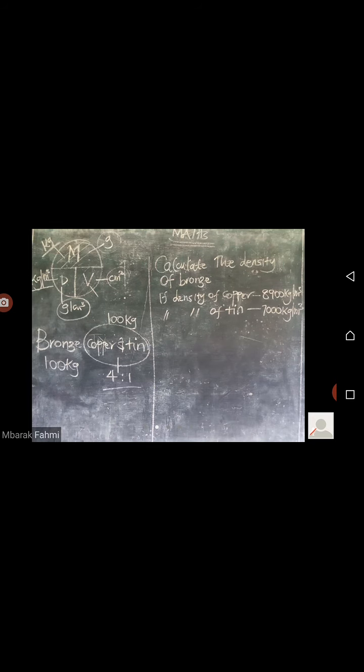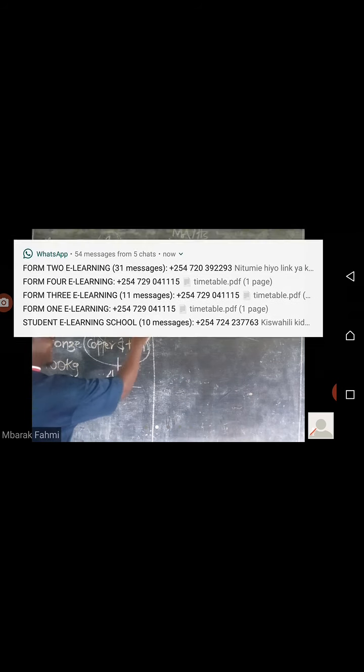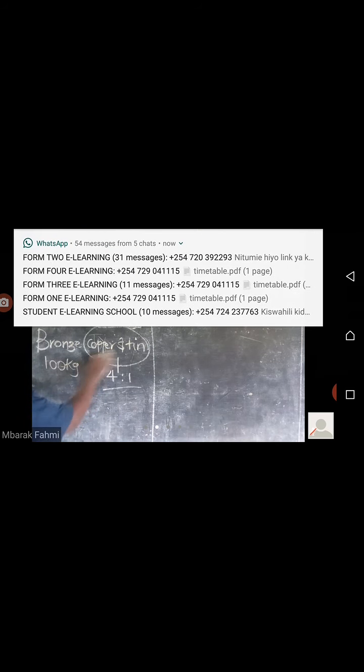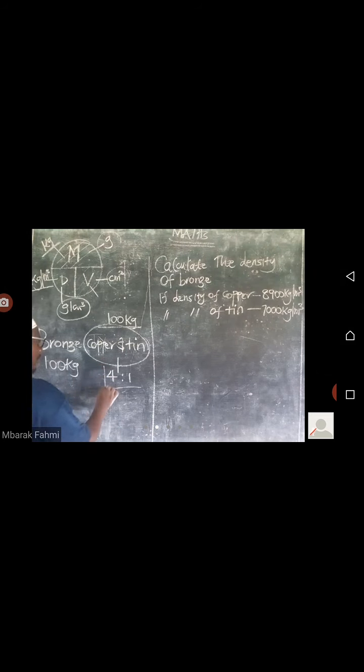At the beginning here, you're told bronze is made by mixing copper and tin. And we're told in 100 kilograms of the mixture, the ratio of their masses is 4:1.